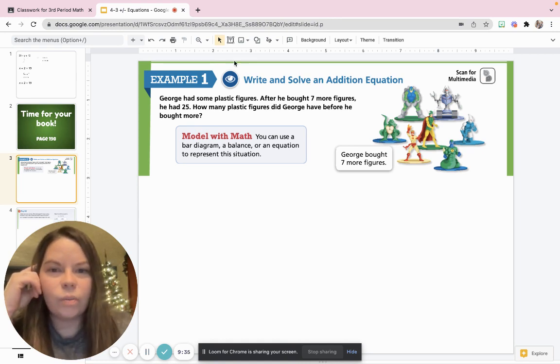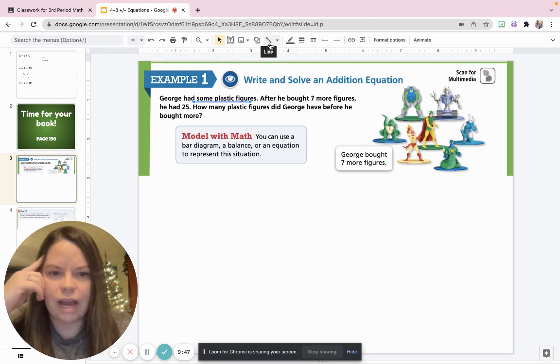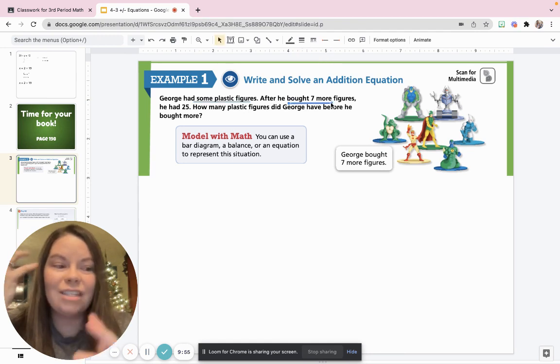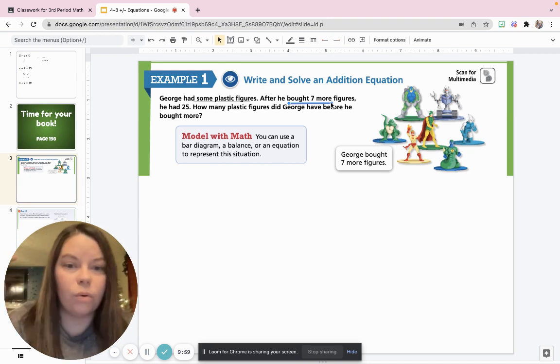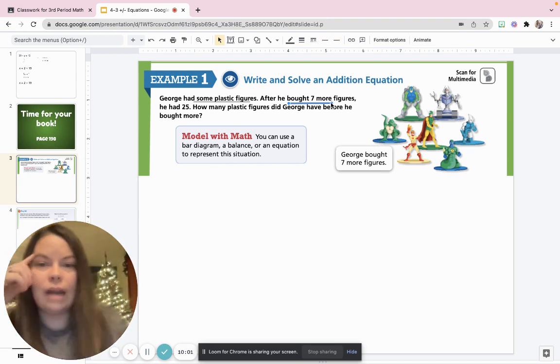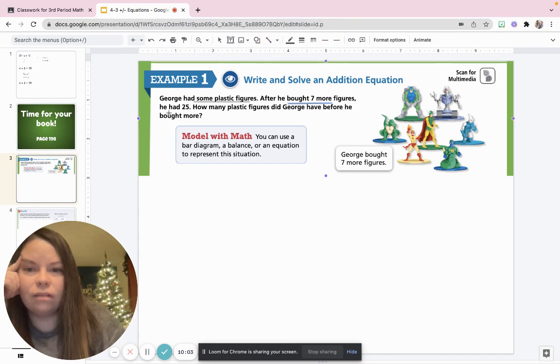Okay, so some of the things that you should have had, hopefully, is he had some figurines. I don't know how many figurines he had, but I do know that he bought 7 more. So if I have some of something and then I buy more, 7 more, now I have 25.